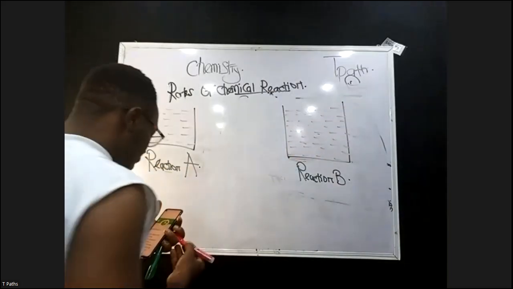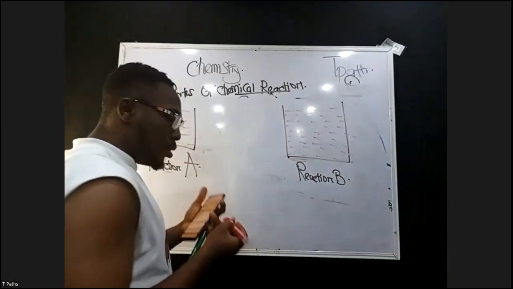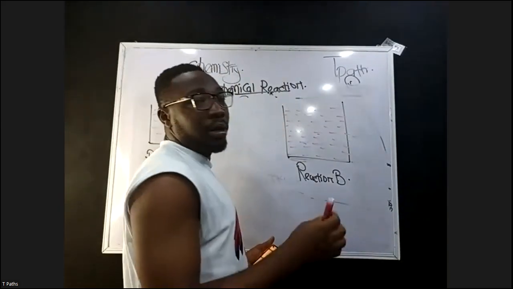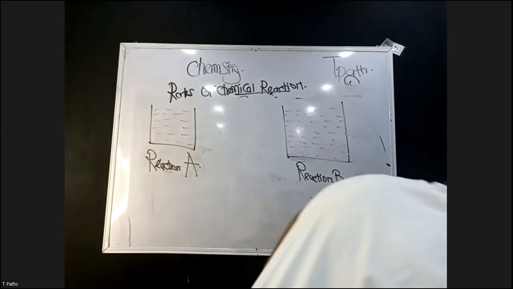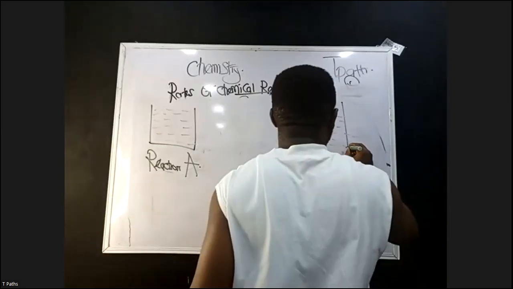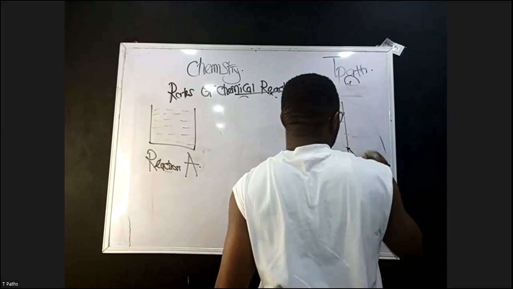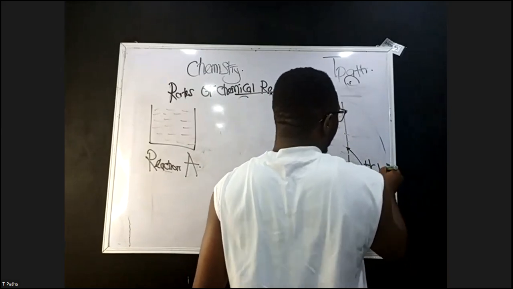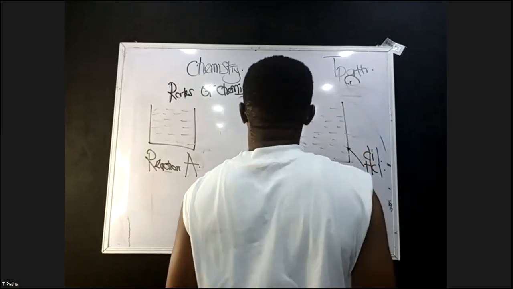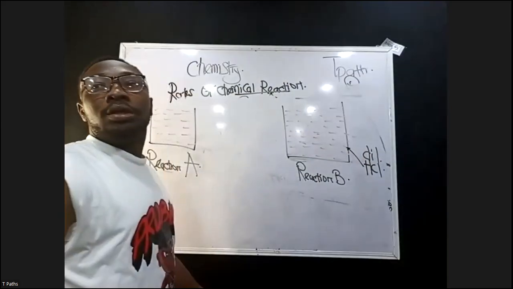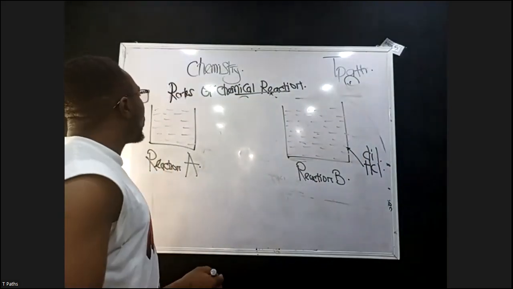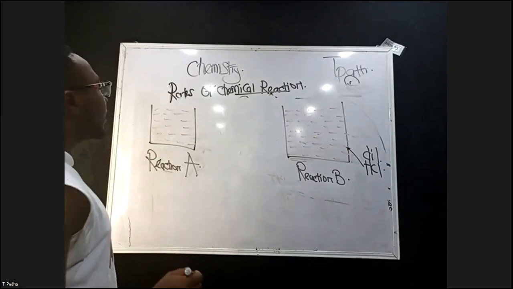Now, in this HCl, we are using the red marker there, telling us that it's HCl. So let me just indicate it so you can get that gist. HCl, dilute one. Let's consider the lumps of calcium carbonate.